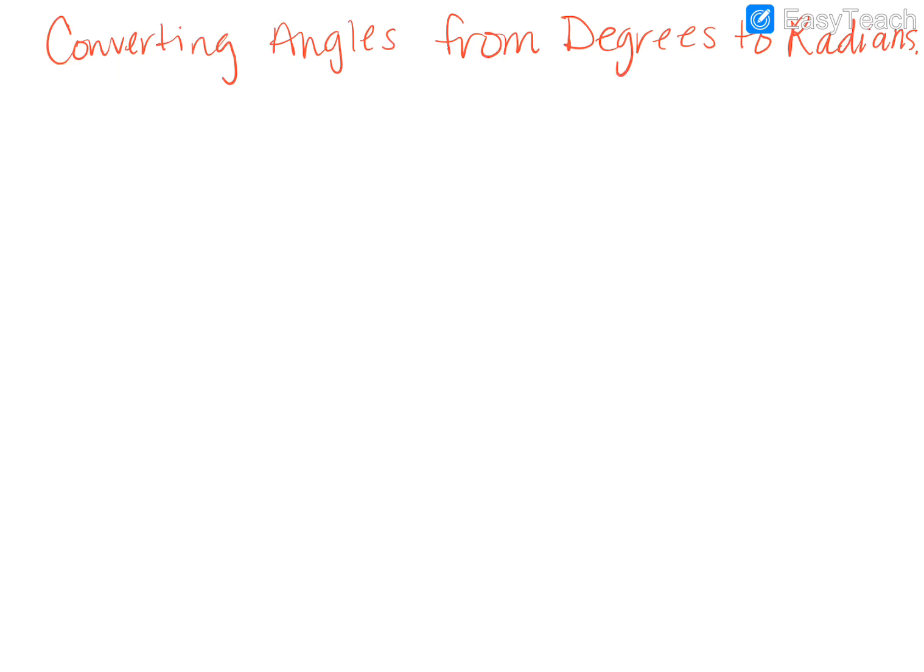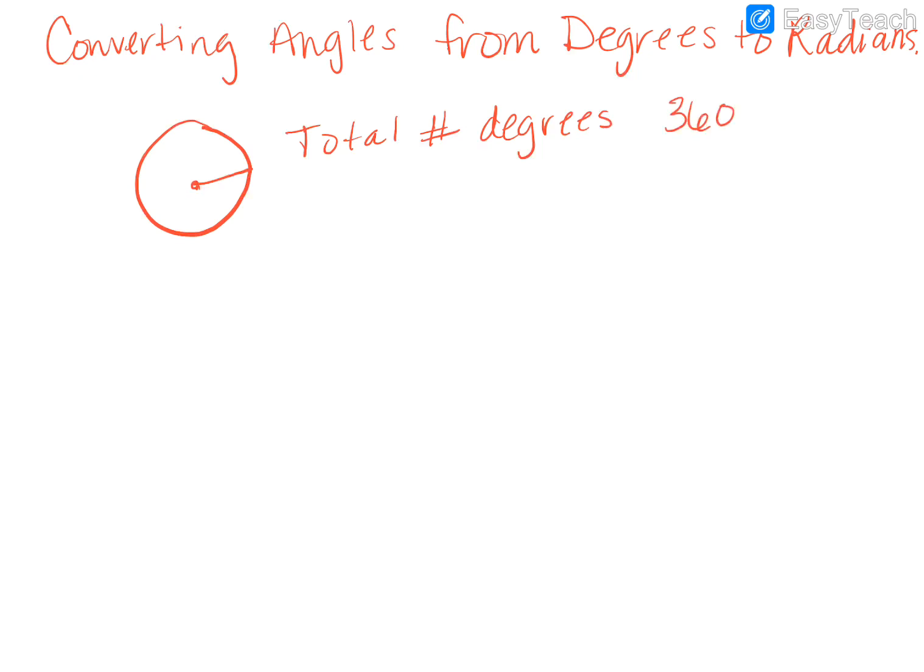So an easy way to understand the conversion is that in a circle, there are a total number of degrees, and that is 360. Well, the total number of radians is 2 pi.